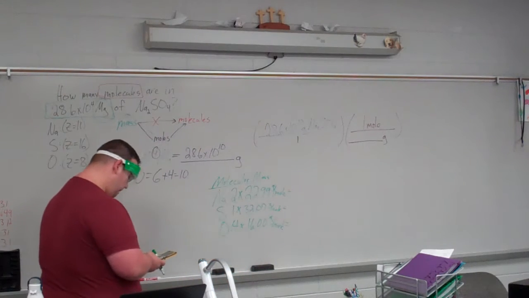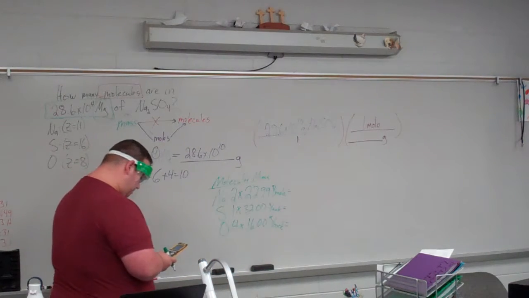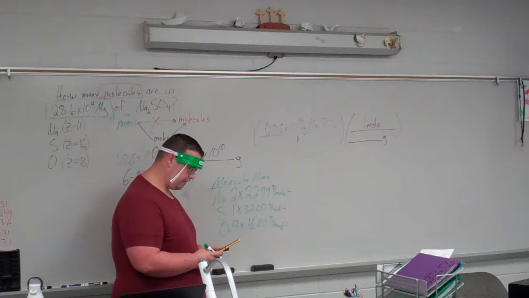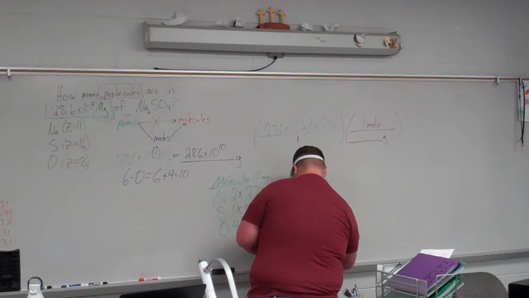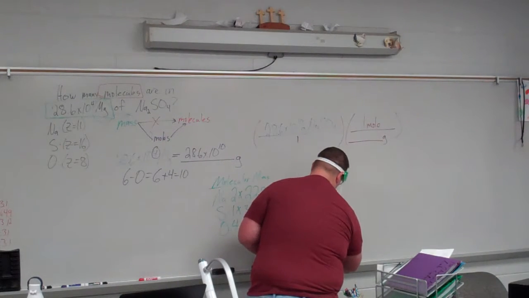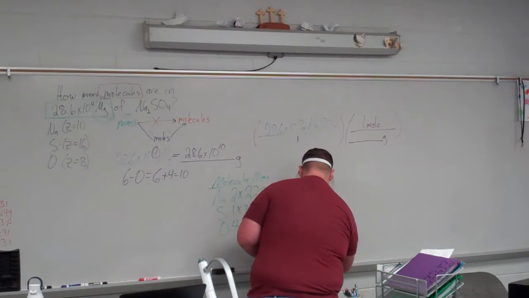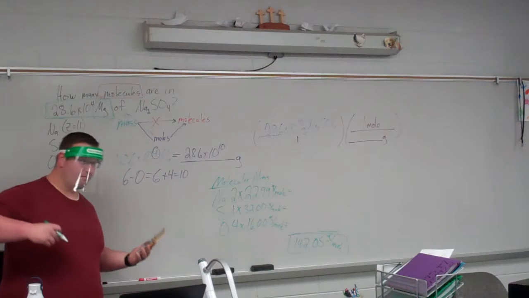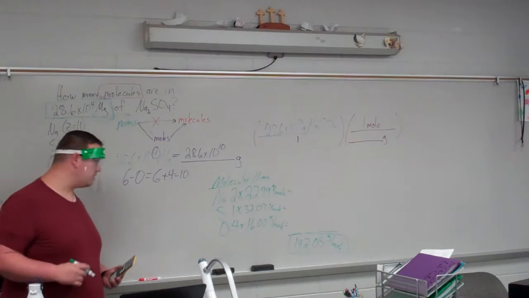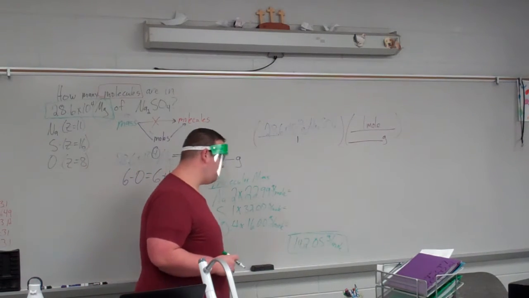I just did it for you. Plus 4 times 16.00. And I get a molecular mass total of 142.05 grams per mole. So everybody should get 142.05 grams per mole.